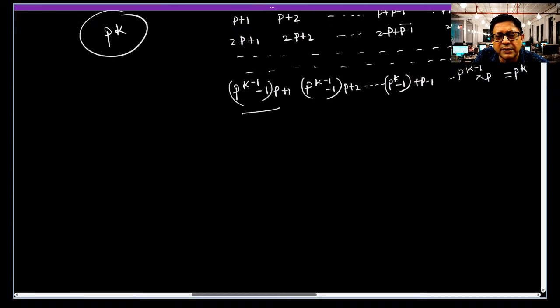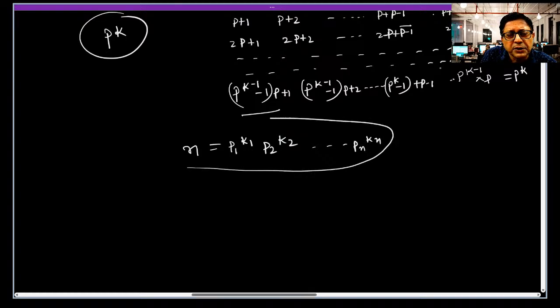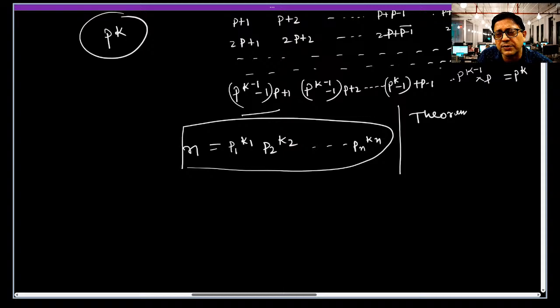Clear? You understand? Now tell me what will happen if it is p1 to the power k1, p2 to the power k2, up to pn to the power kn. To find Euler's phi function for this, we need to know another theorem which is beyond the scope of proving it.